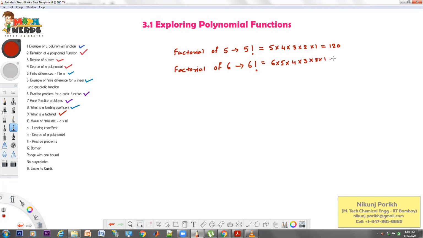You go up to 1 and the answer is 720. I could say this so quickly because I know that 120 is 5 factorial, times 6, so that is 720. Any questions on this?